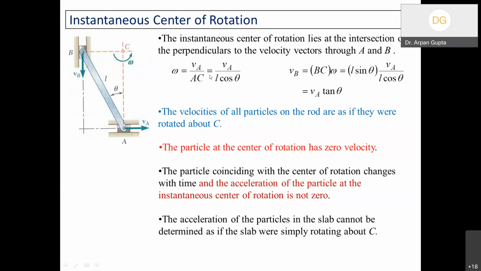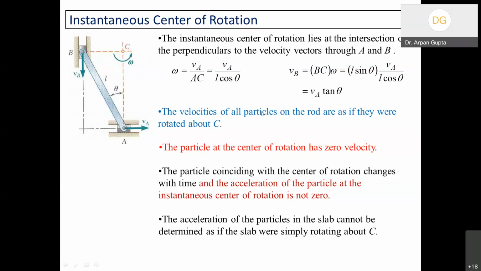And once this is known, we can directly write the equation and get the answer in just one line. We can directly say that omega is equal to VA by AC, which is VA by L cos theta. And similarly, VB is equal to BC times omega. And VB in terms of VA and theta, we can get very quickly.